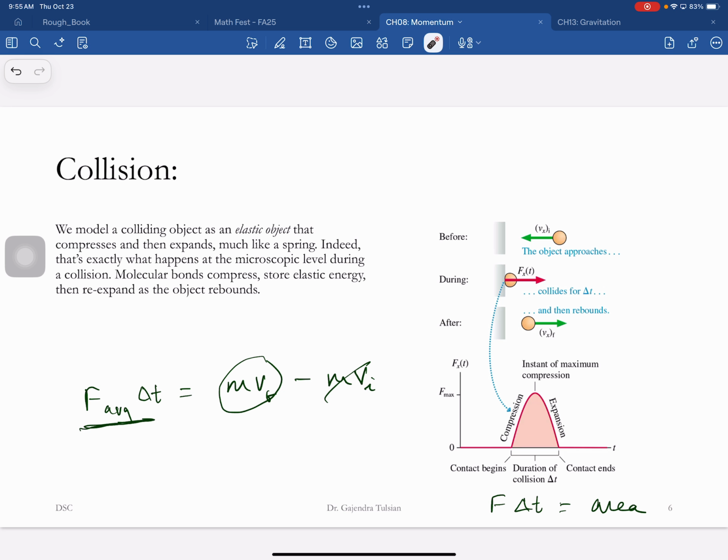Here's what happens when the ball is compressed. The ball is an elastic object. What do we mean by an elastic object? If you apply a force, it'll compress, and when the force is removed, it'll go back to its original shape.